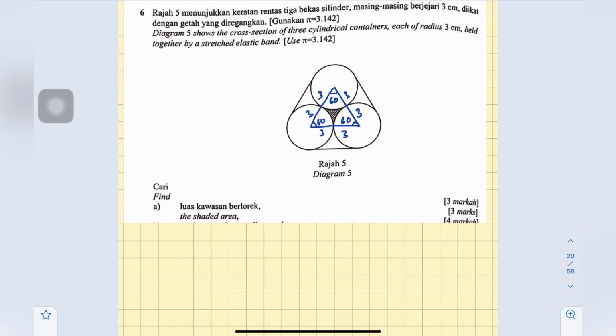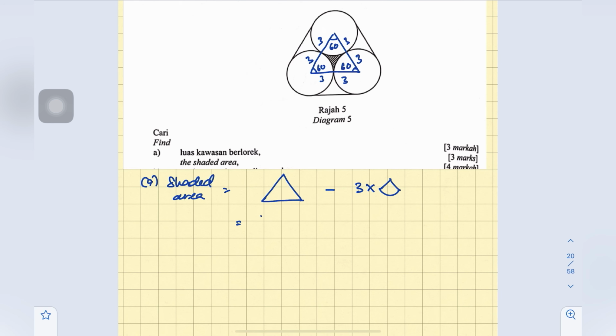Okay, so to find the shaded area, the shaded area is the area of the triangle minus 3 times the area of a sector. The area of a triangle is 1 over 2 ab sin C. The area of a sector is 1 over 2 r squared theta. So theta must be in radian.